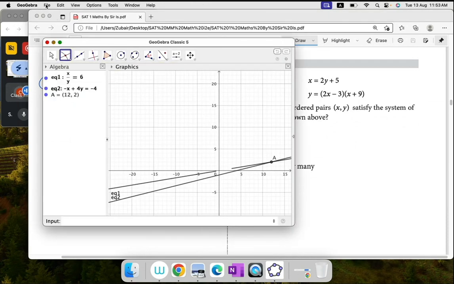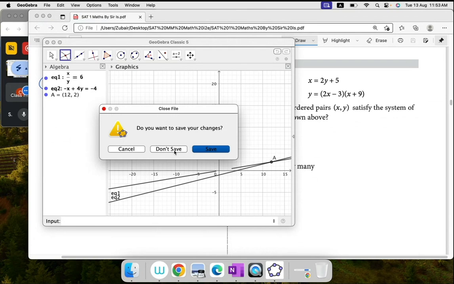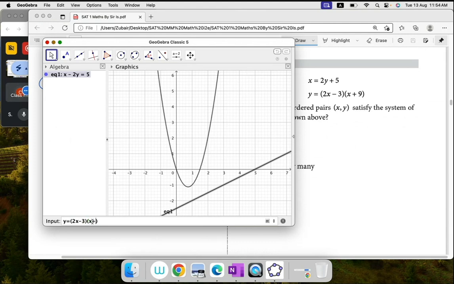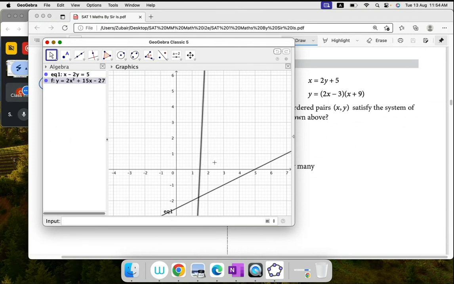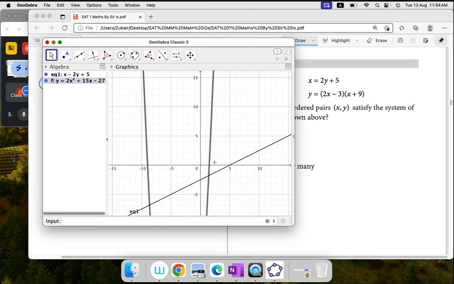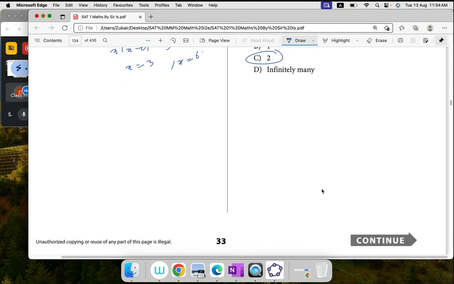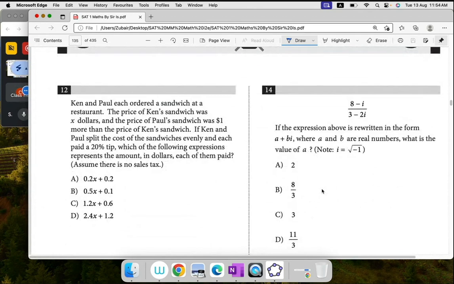Rather, I'm going to use this. x is equal to 2y plus 5. y is equal to 2x minus 3, x plus 9. Now I have to make sure how many intersections? 2, clearly. You see how much time it reduces? Get used to it. Yes, sir.